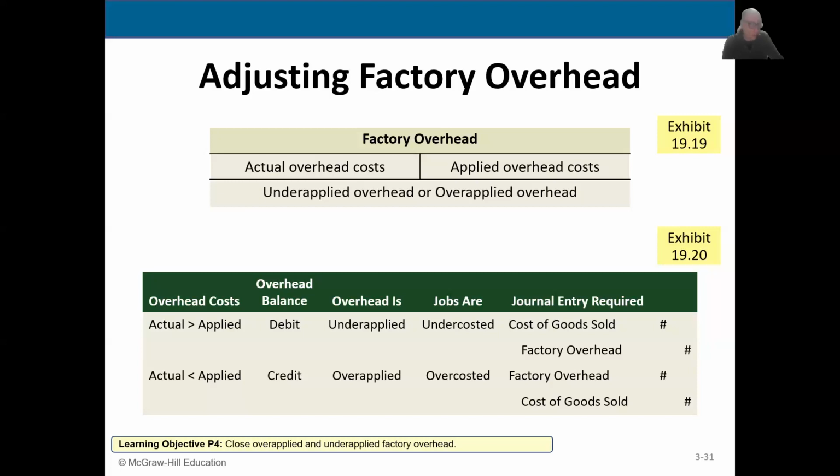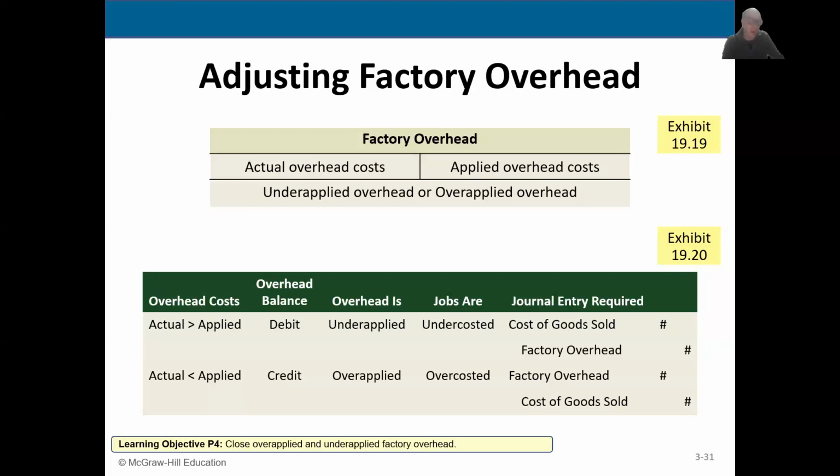So that also means that the job was under costed. You want to be really careful about this because in business, if you under cost the job that you're performing for the customer, that eats away at your bottom line, your profit margin. You don't want that. You want to maintain that profit margin.